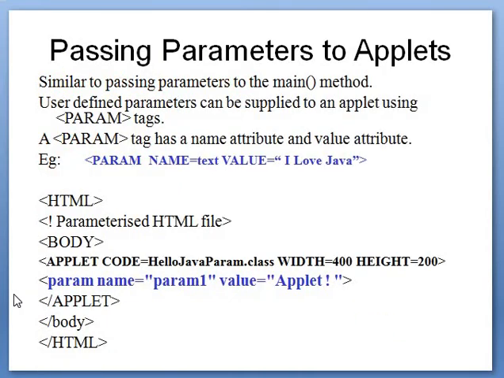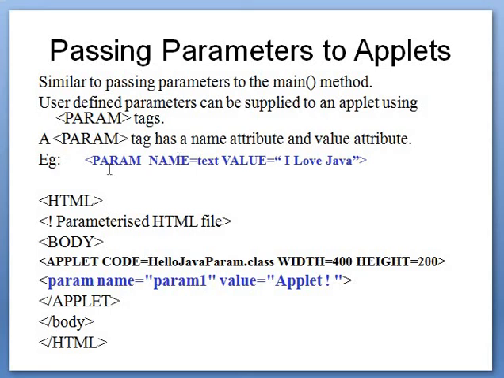Passing parameters to an applet. Similar to passing parameters to the main method, user-defined parameters can be supplied to an applet using param tags. See, we have already seen the param tag is used to give attributes and values, name and value pairs, to a particular applet program.